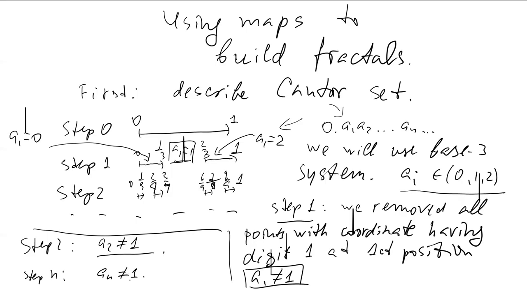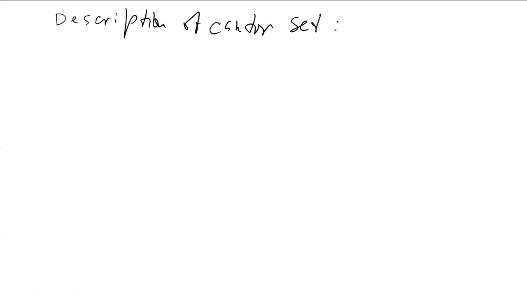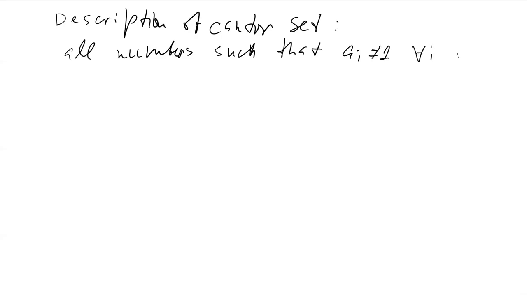So what we got is a description of the Cantor set, which is all numbers such that Ai is not equal to 1 for any i in the base 3 system.